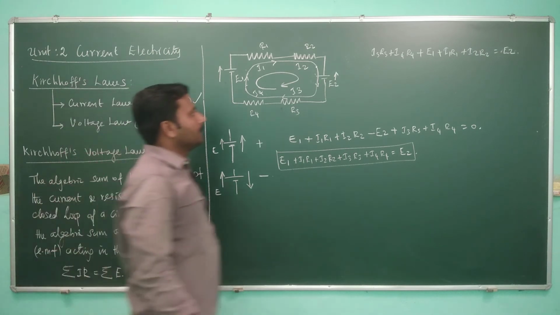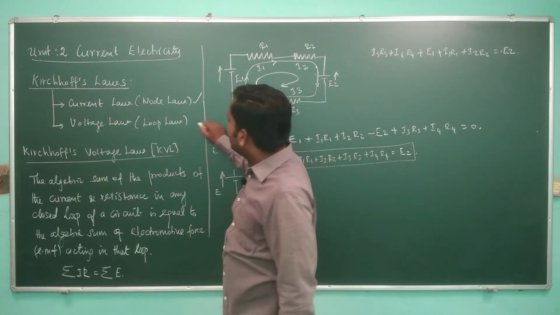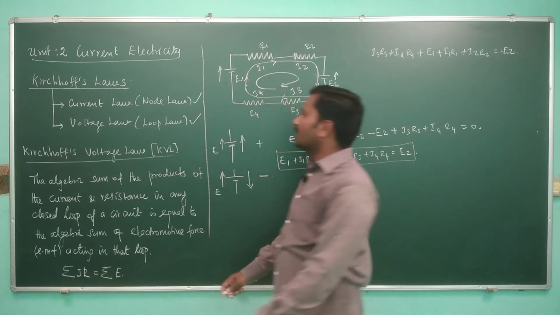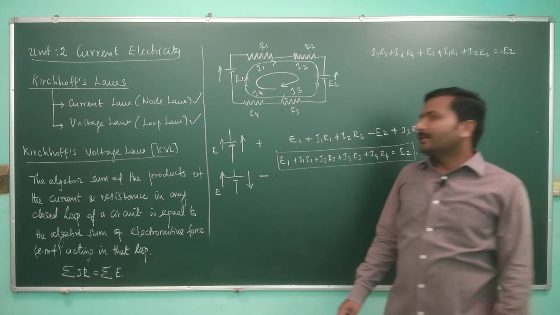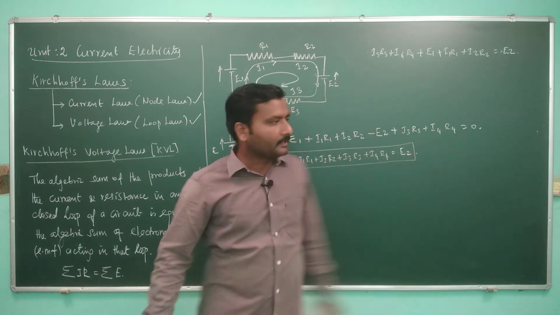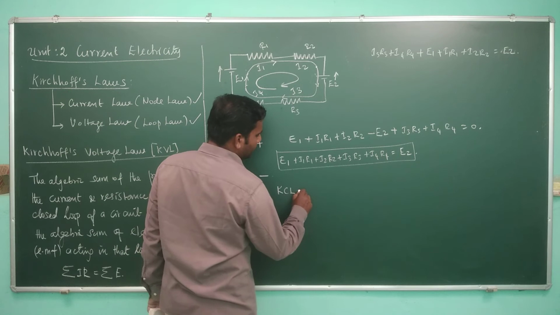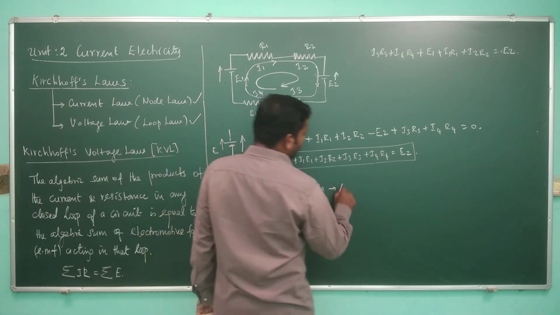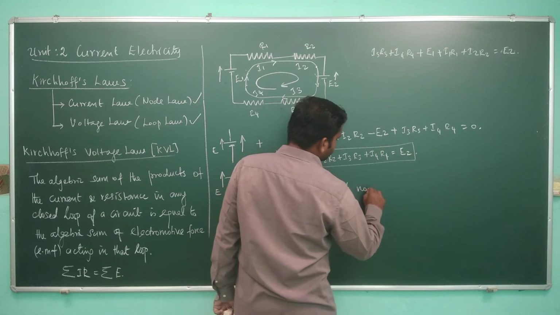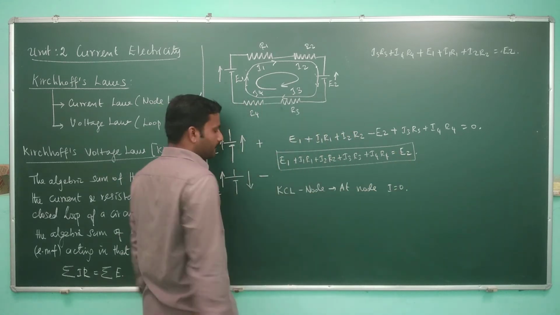Fine. Let us see. So now we have defined what is Kirchhoff voltage law as well. We have defined what is current law and what is voltage law. In a nutshell, you can write KCL: for a node, at node, net current is equal to 0. Very simple.